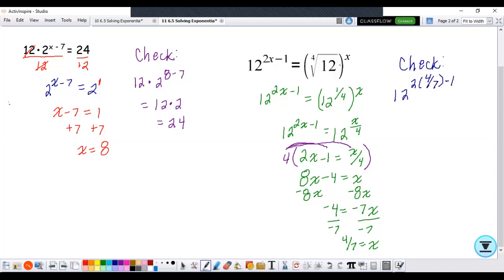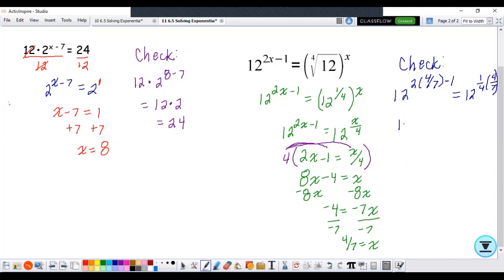And remember, this became 12 to the x over 4, or we could write it as 1/4 x. That might be easier. So let's write it as 12 to the 1/4 times 4/7, and see how these two sides simplify.